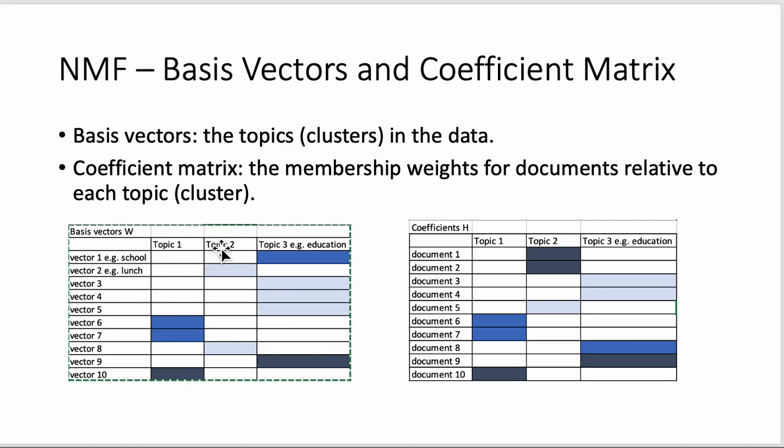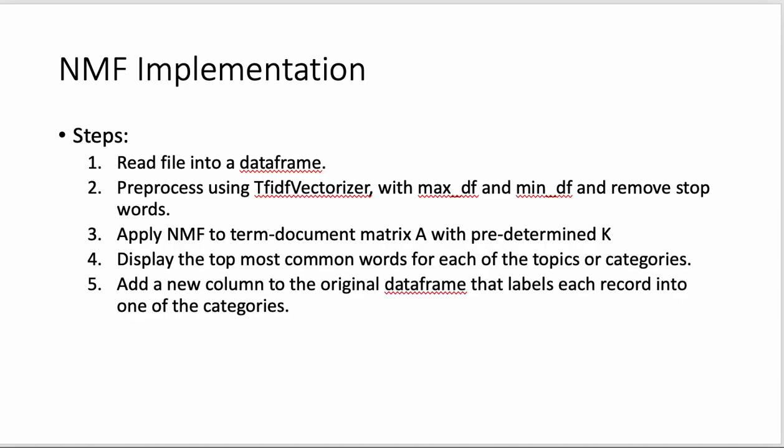So for example, topic 3, education, on the base vectors is connected to the vector school, right? And vectors 6 and 7 could be different words related to education. And then in the coefficient matrix, we can see that documents 3 and 4 are more about education, and 8 and 9 as well. And other documents are more related to other topics.